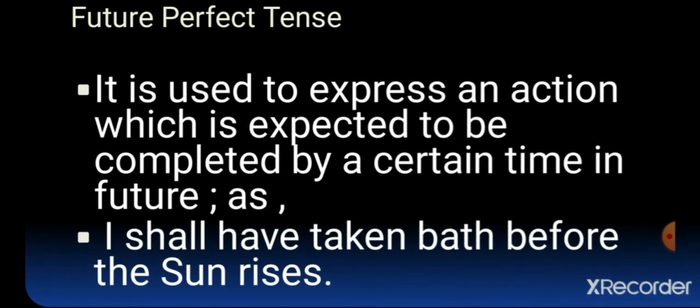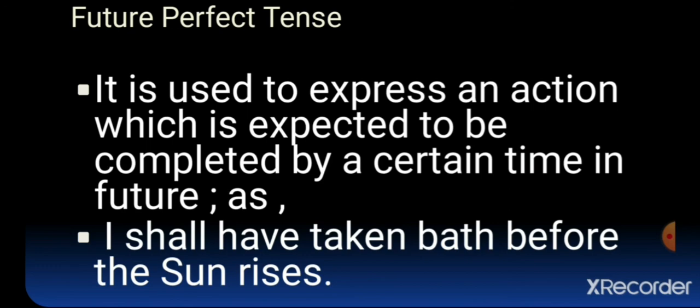Now students, future perfect tense is used to express an action which is expected to be completed by a certain time in the future, which we expect will be complete by this time in the future. Okay, it is used to express an action which is expected to be completed, that by this time this work will be complete.